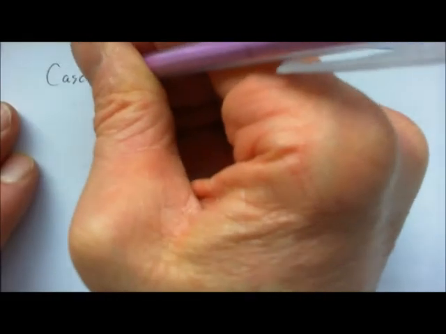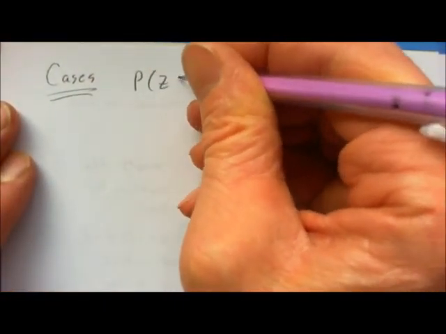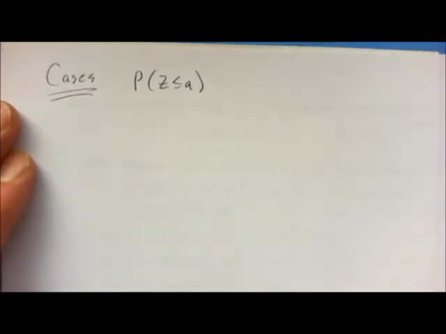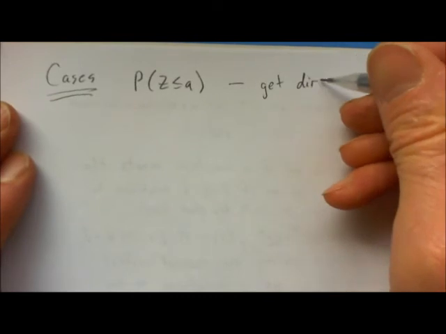So these are the cases that we can see. The first case is that we want the probability that z is less than or equal to some value a. And to do this, we just get this value directly from the table.